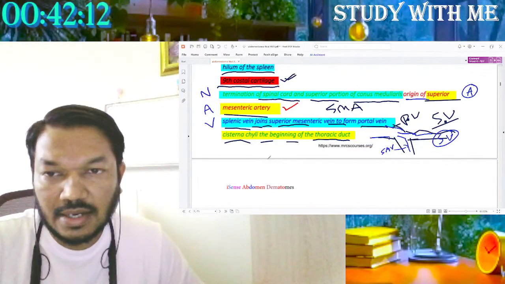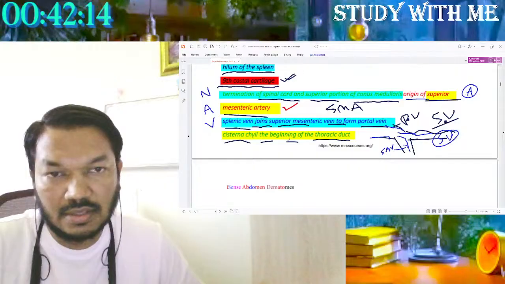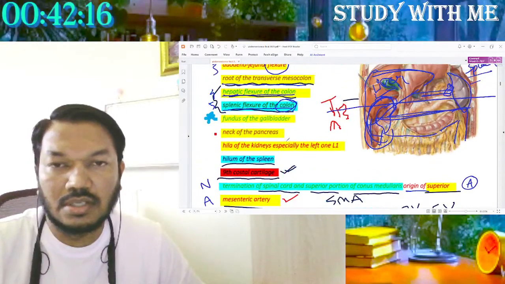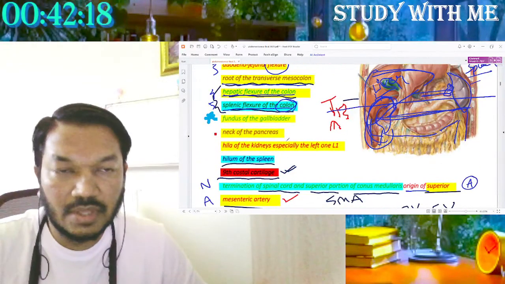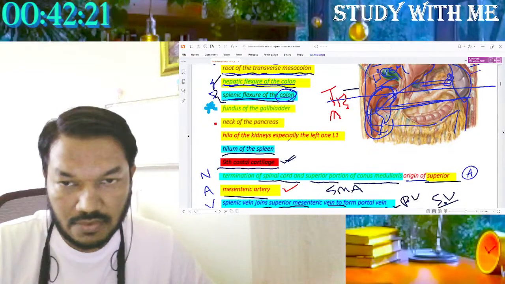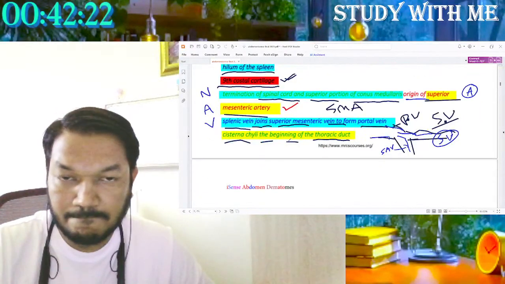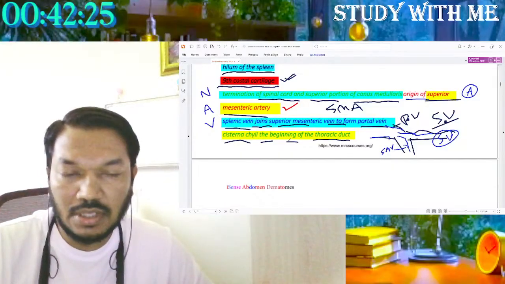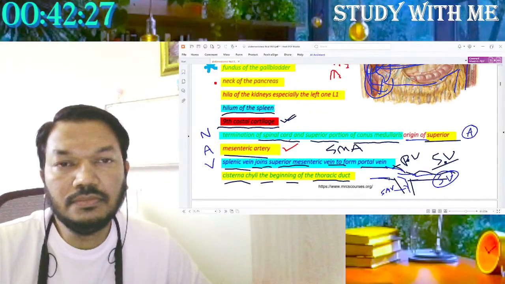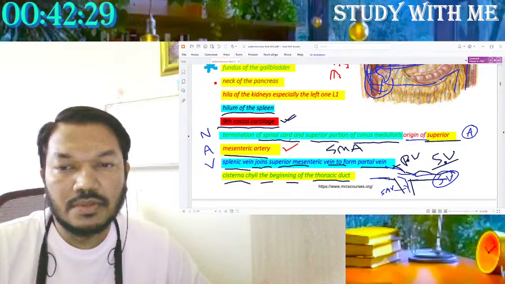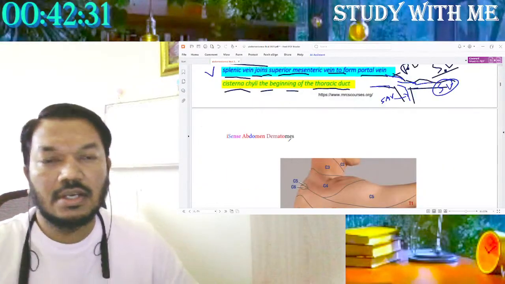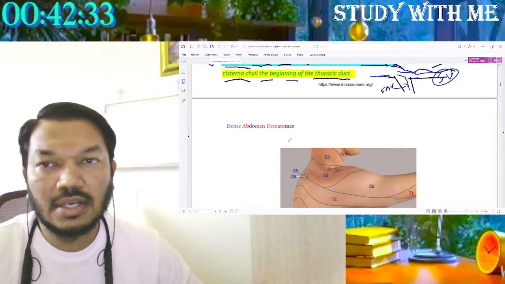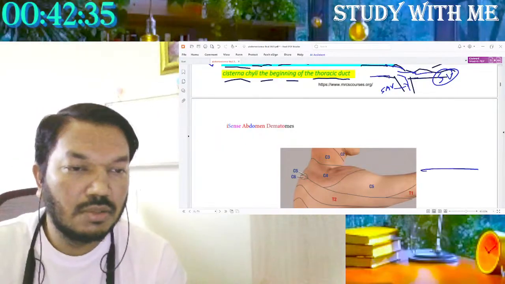And cisterna chyli, the beginning of the thoracic duct. So these all are the important structures. This is a very, very important topic for any exam, anatomy, any exam. Cisterna chyli is the collection of the chyle.